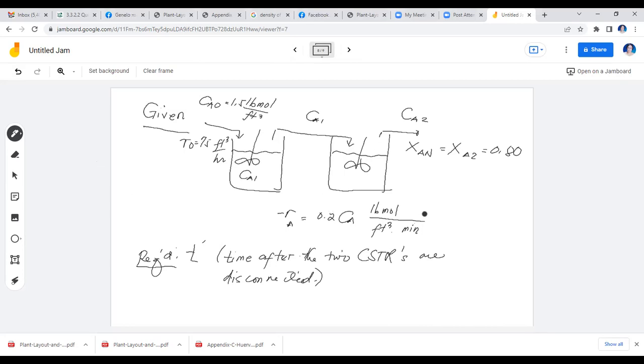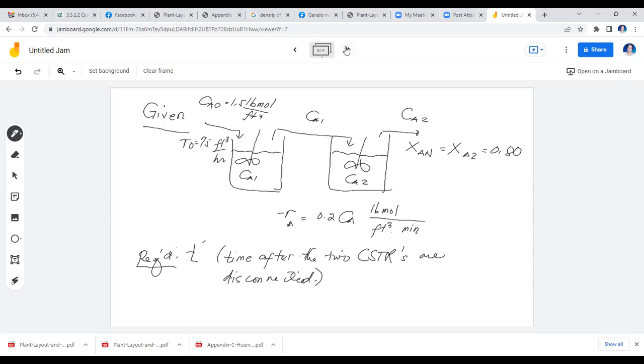So we will determine CA1 and CA2. We need these two concentrations, since CA1 and CA2 will serve as the initial concentrations of the two CSTRs once they are disconnected. That's the reason why you need to determine CA1 and CA2 first in this fashion.